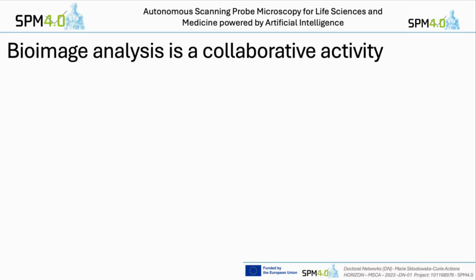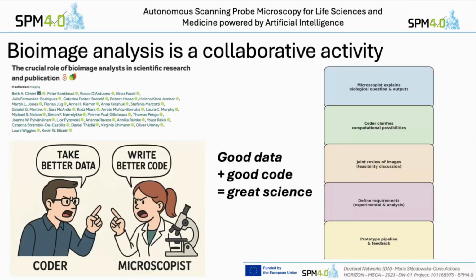And the last thing I want to say on this, before we actually start doing some image processing ourselves, which I think is probably more interesting than hearing me talk about it, is that bioimage analysis on the whole is a very collaborative activity. So we can't just do it in isolation.